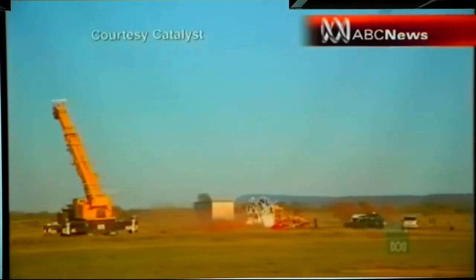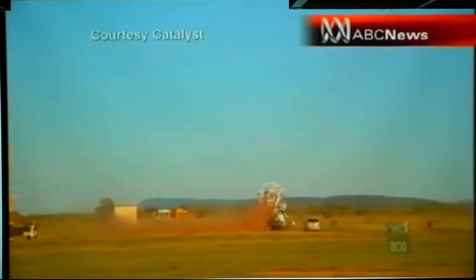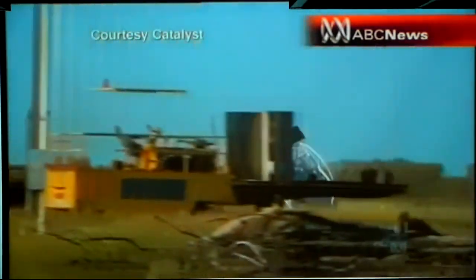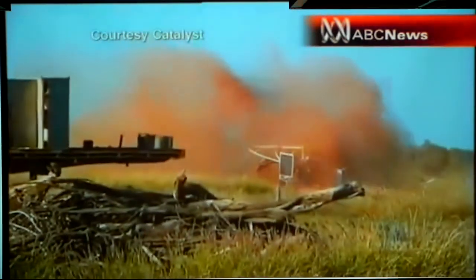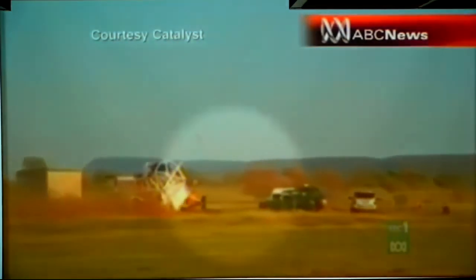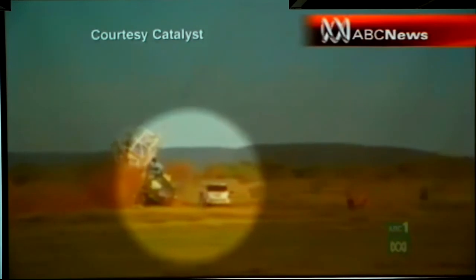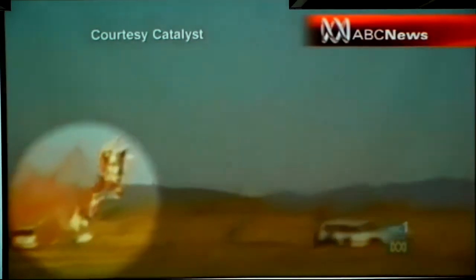Unexpected strong winds pushed the 2-ton platform of scientific instruments off course and onto a path of destruction. Justin Trotter's car was tipped over. He can be seen here running for his life. They started losing control of the payload. We started to move the cars and just barely made it out without getting smashed.